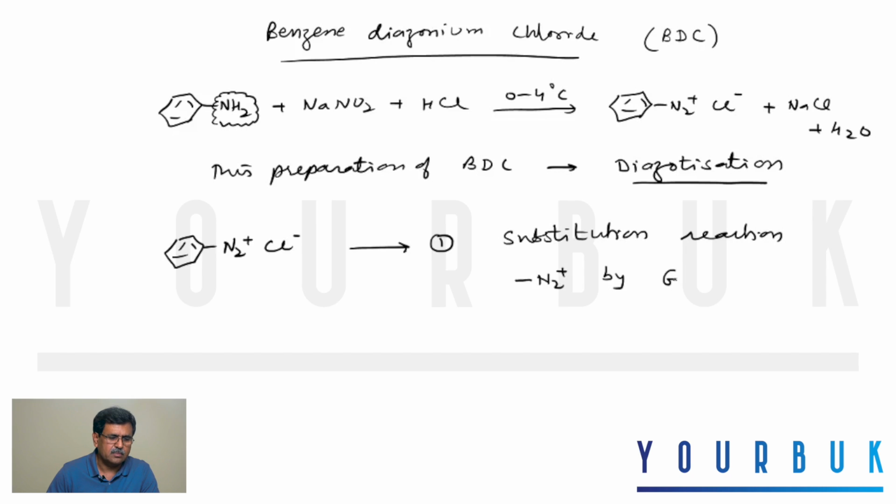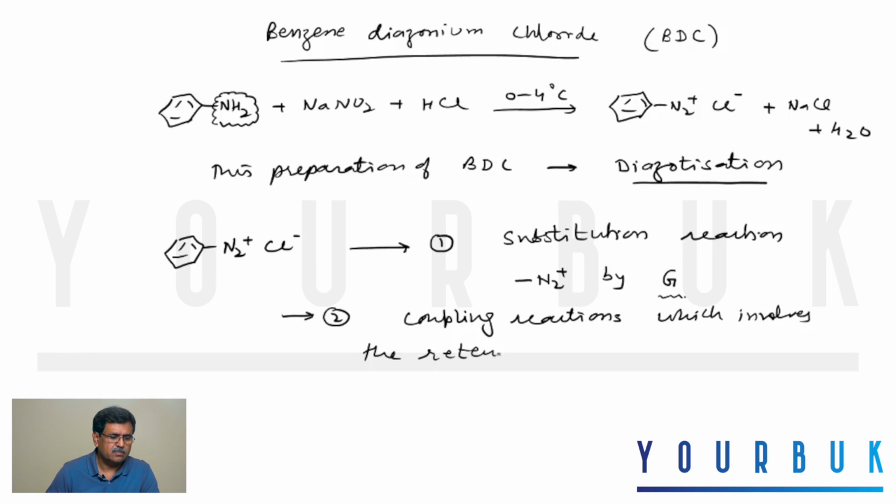It can be any group G. The second type of reactions are called the coupling reactions, which involve the retention of the diazonium group, retention of the N2+ group. So in this case there will be no liberation of nitrogen gas, while in the substitution reactions the N2 gas is evolved, which is colorless and odorless.